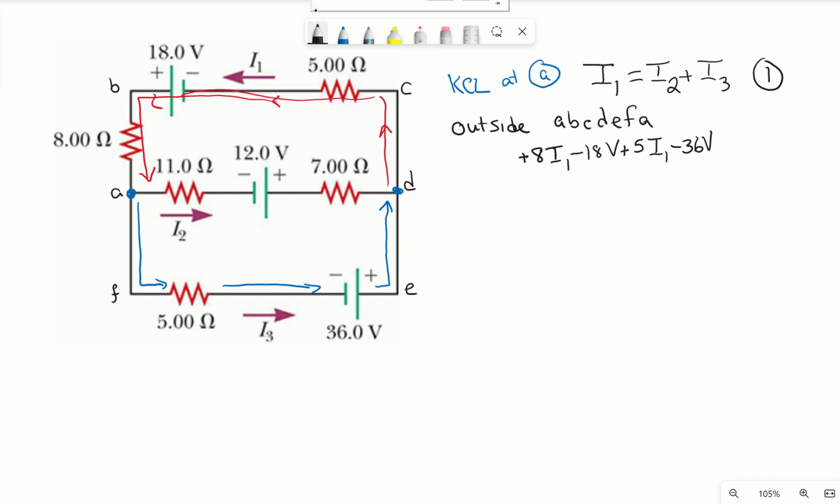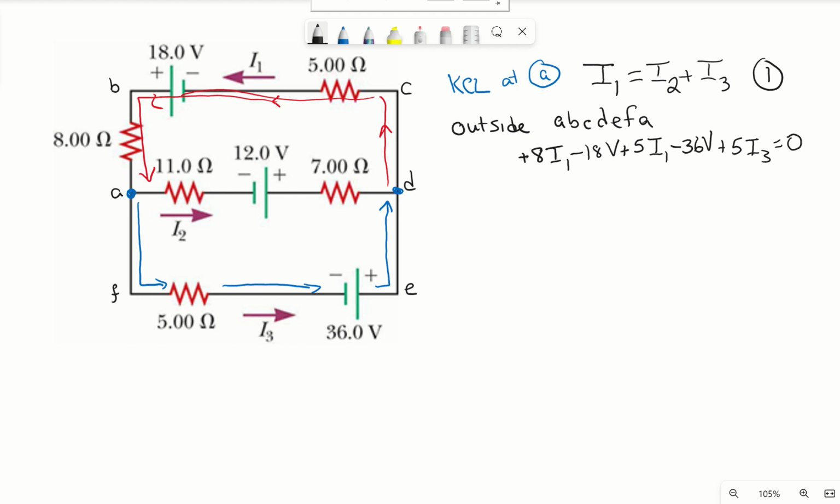Then I go through the 5 ohm resistor again in the opposite direction to I3. So that's going to be plus 5 I3. And then from F back to A, there's nothing but wire. So that's my equation, and I'm going to consolidate it.